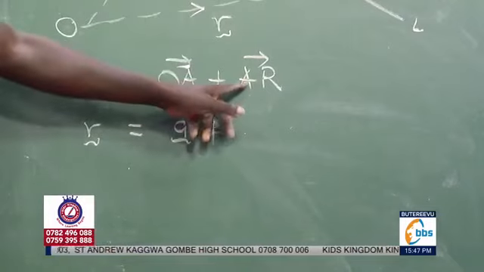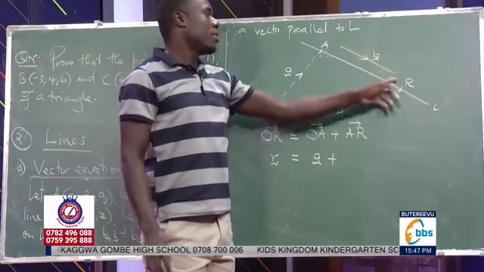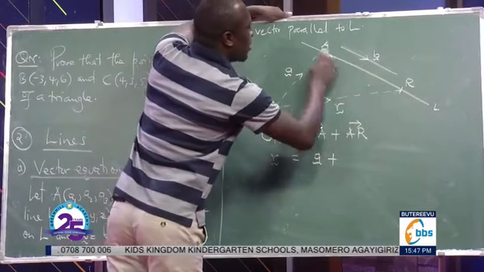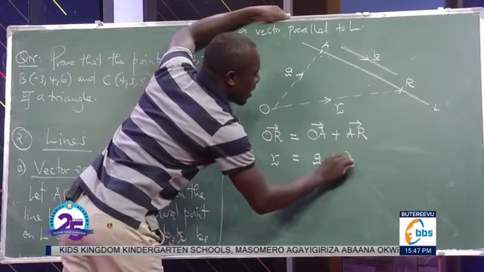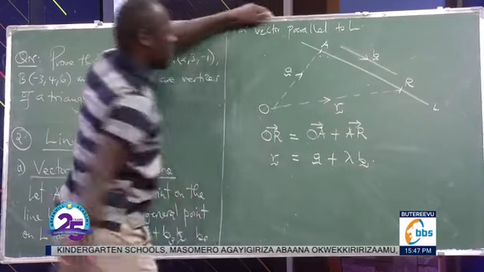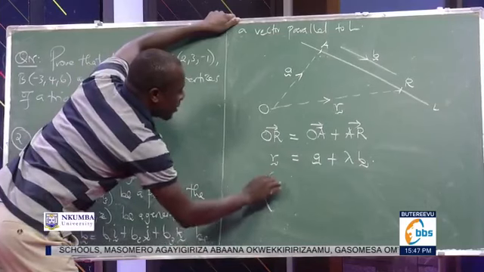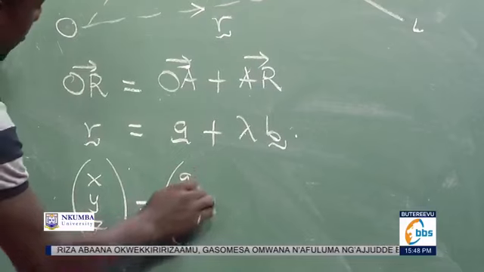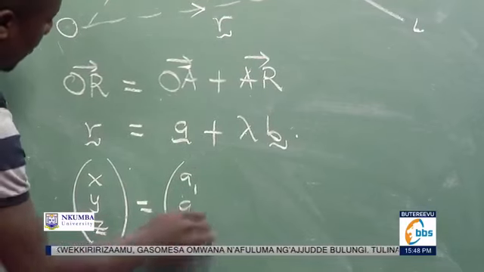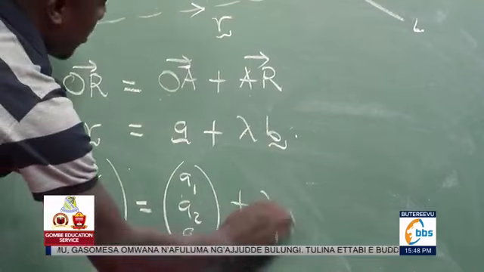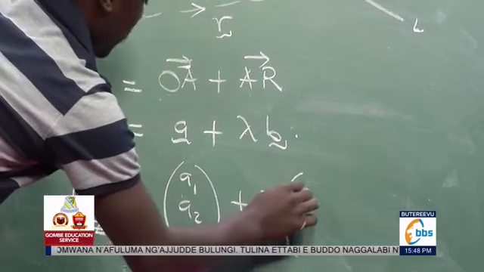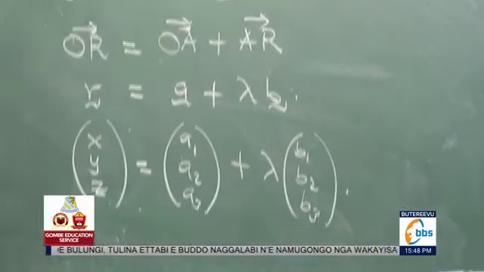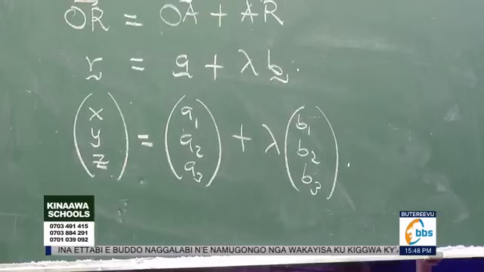Now AR is a vector parallel to B, and so AR is a scalar multiple of B. That is, AR is equal to lambda B. So we could write this as X, Y, Z is equal to A1, A2, A3, and then plus lambda times B1, B2, B3. So that is what we call the vector equation of the line.